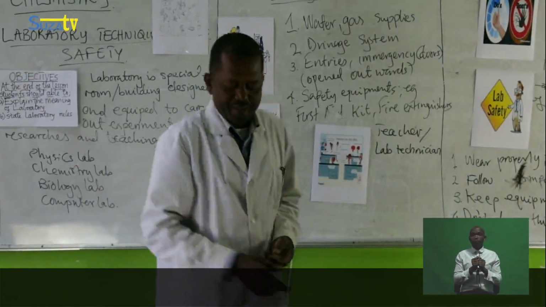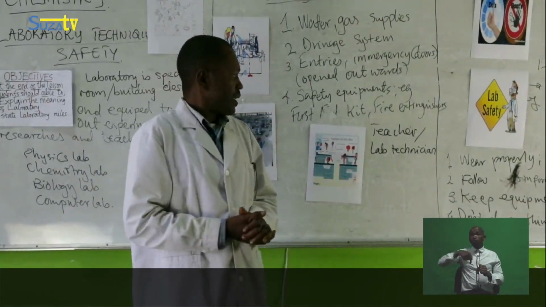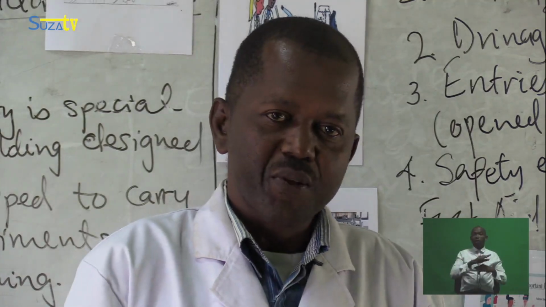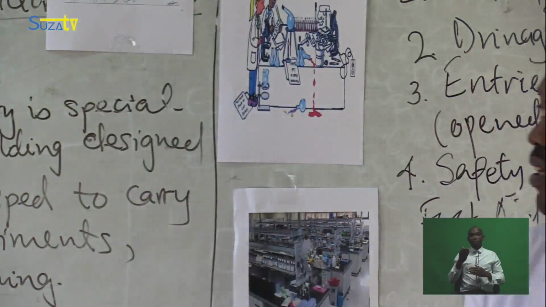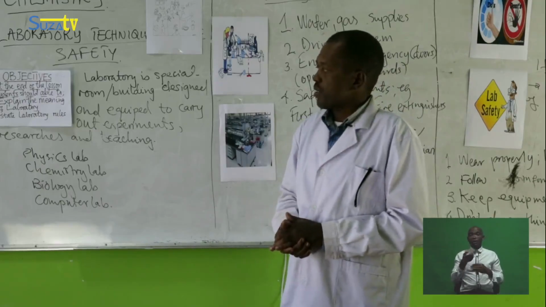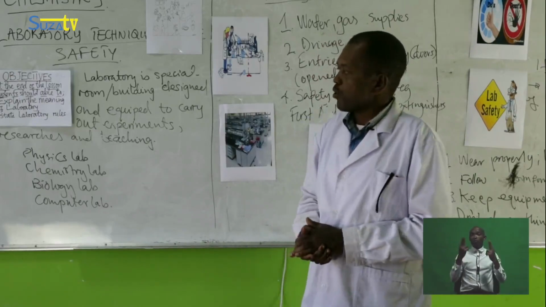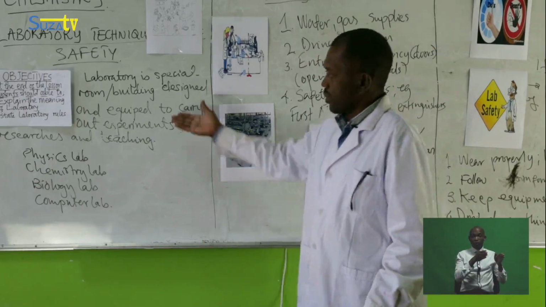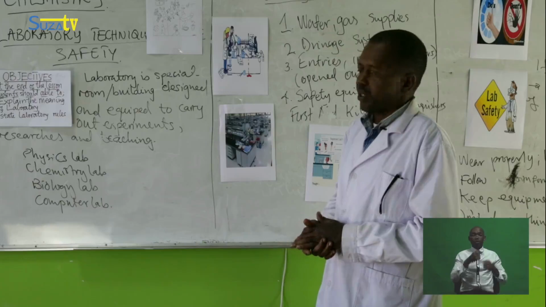I think our today's lesson is completed, and I think you are going to meet on another session. Remember, today we learn about laboratory technique and safety, and our objective was that at the end of the lesson, you should be able to explain the meaning of laboratory, which we have already discussed, and then state laboratory rules.